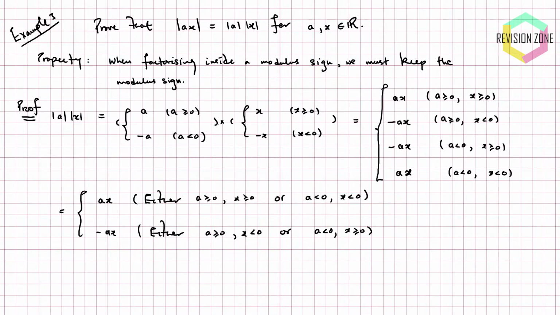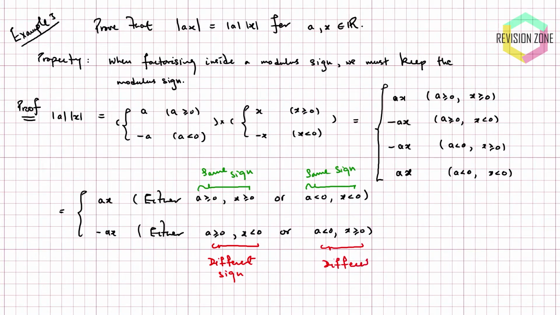Now the thing worth thinking about here is, here we've got the same sign for both a and x, and here we've got the same sign for both a and x, but here we've got different signs for both a and x, and we've got different signs for both a and x.